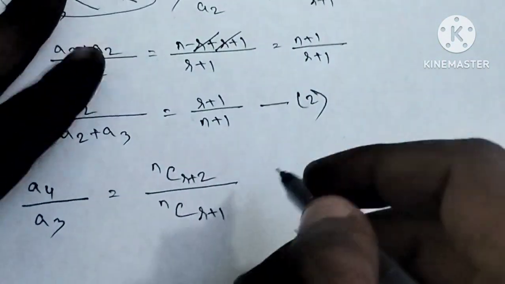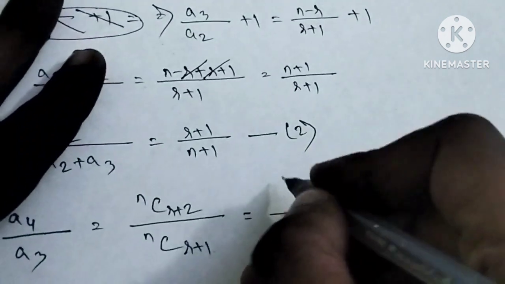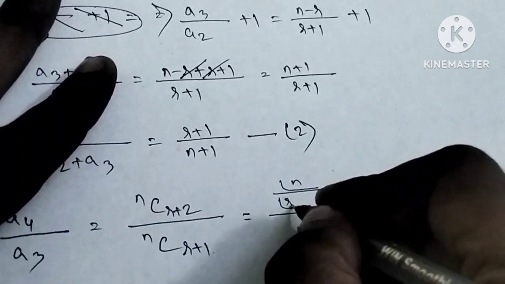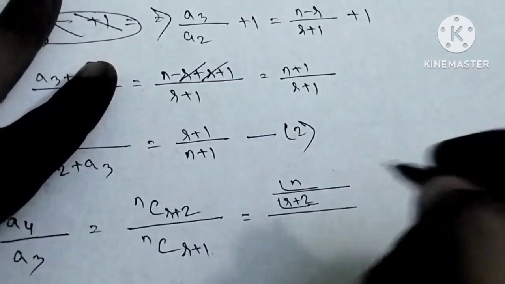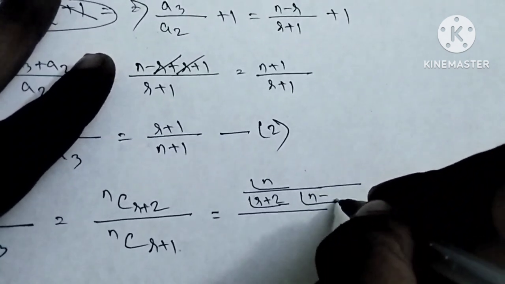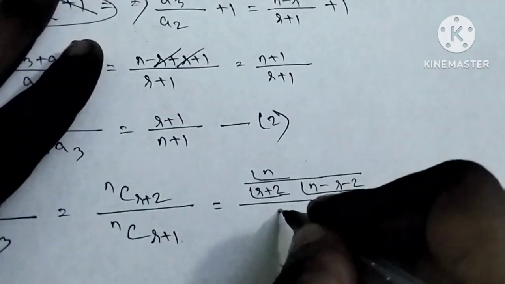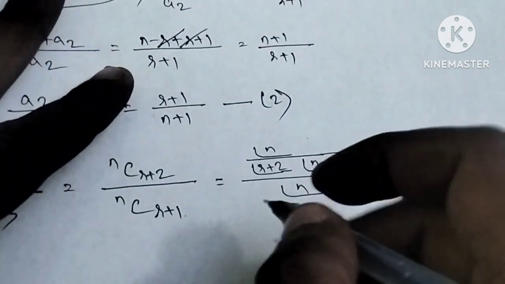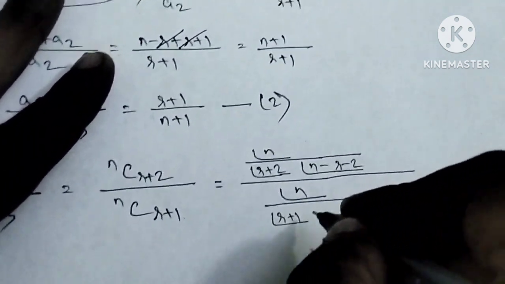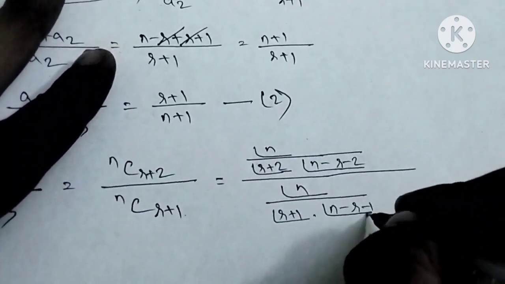So now nCr+2 means what? N factorial by (r+2) factorial by (n-r-2) factorial, by n factorial by (r+1) factorial into (n-r-1) factorial.